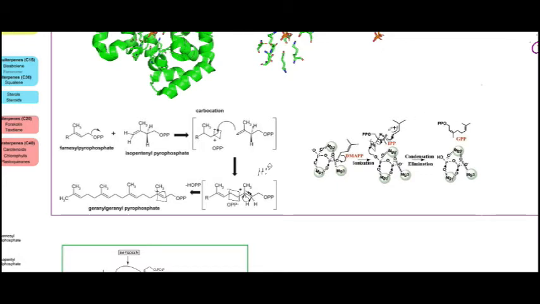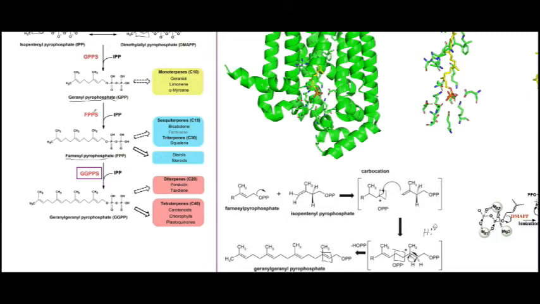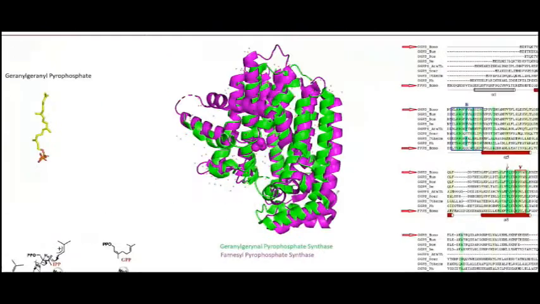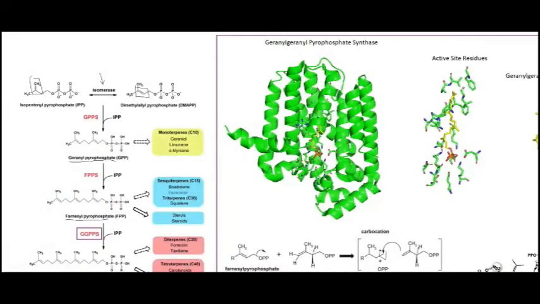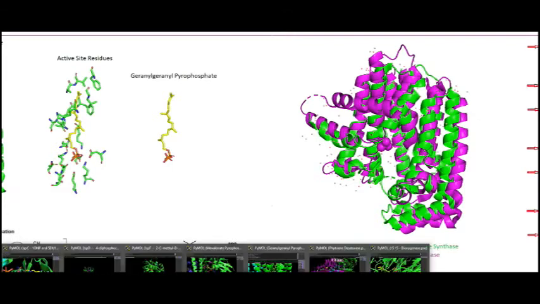But like I said, the mechanisms for the farnesyl pyrophosphate and the Geranylgeranyl pyrophosphate are all very similar, and we can see why that would be just by knowing that the structure of the protein is very similar here.